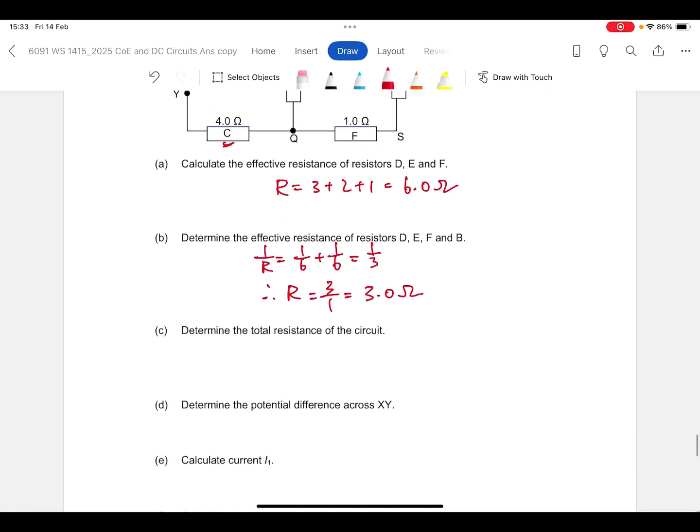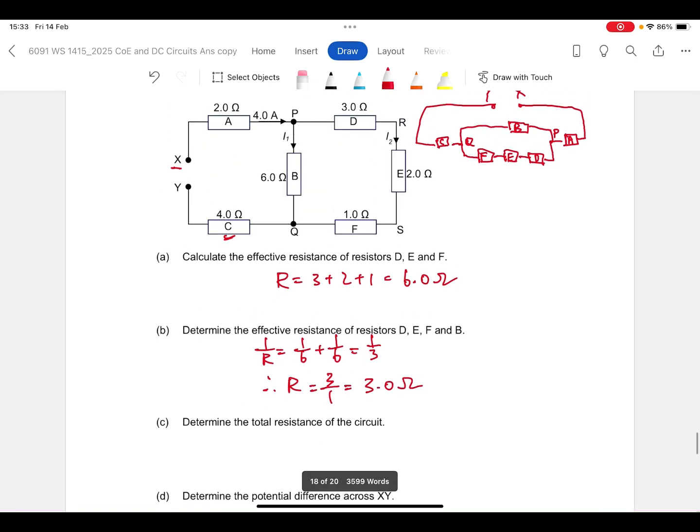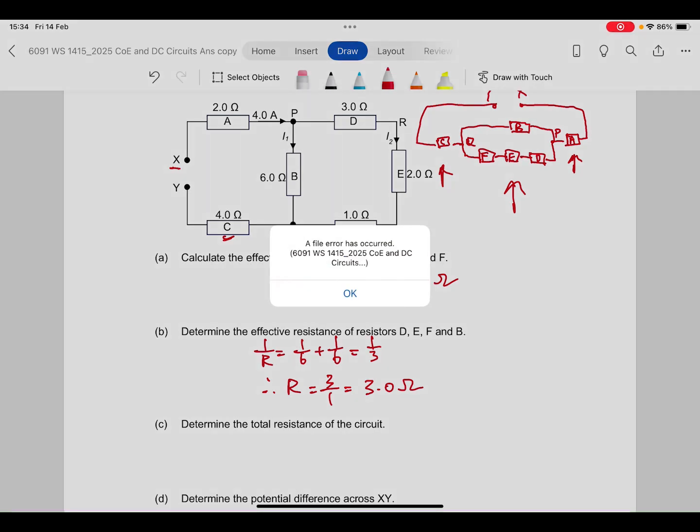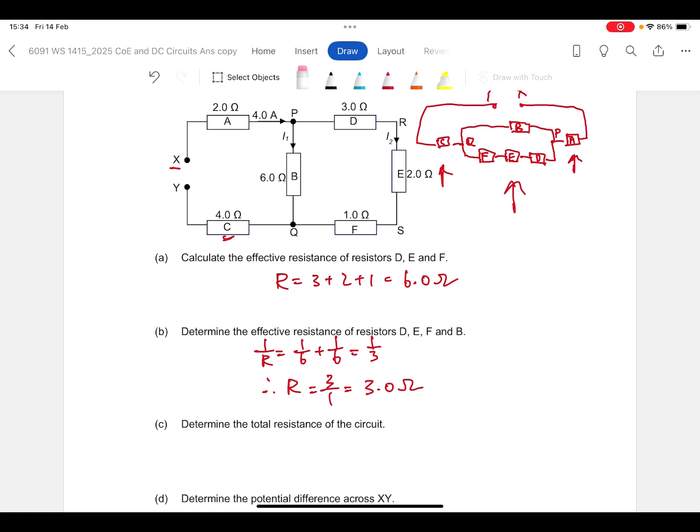Determine the total resistance of the circuit. Now as we have already recognized that this is a series circuit as a whole, you take the resistance of C plus the resistance of the entire parallel part plus the resistance of A to get the total resistance, because as a whole, it is a series circuit. So we just add them up together.